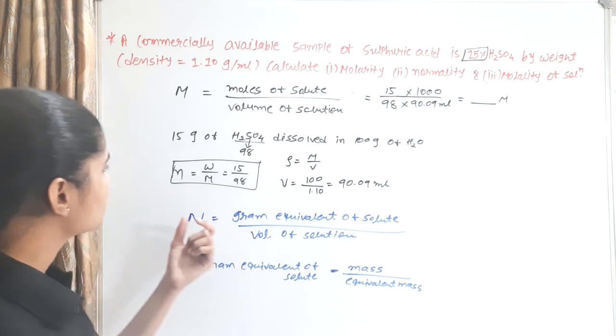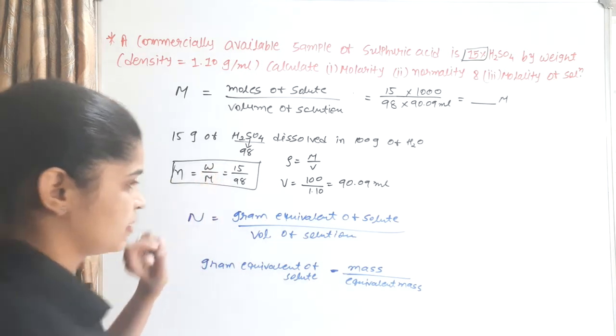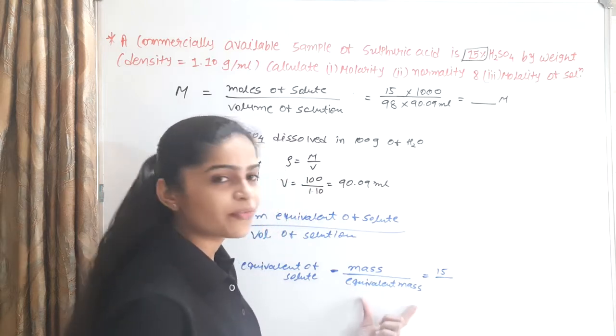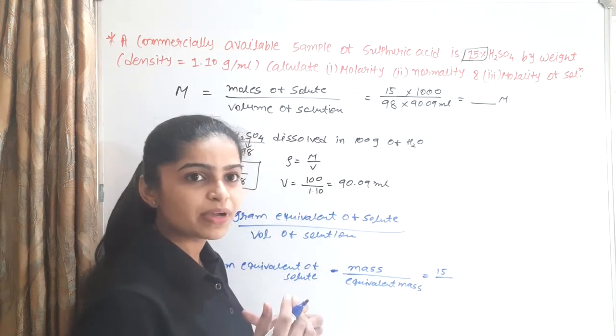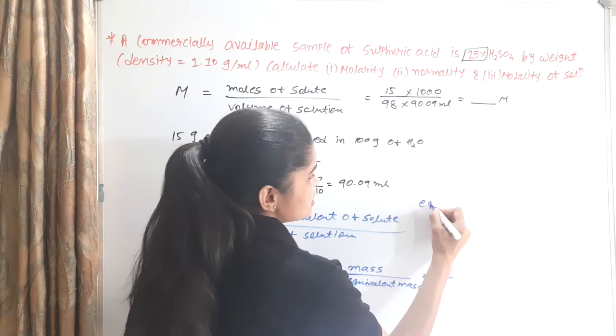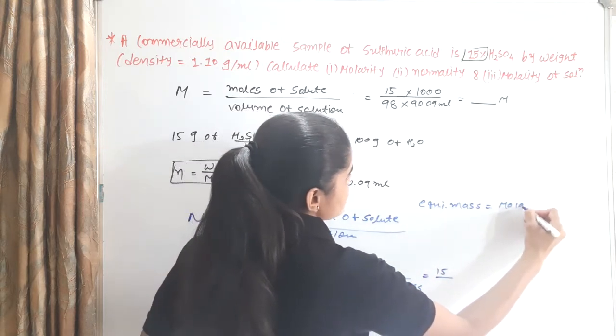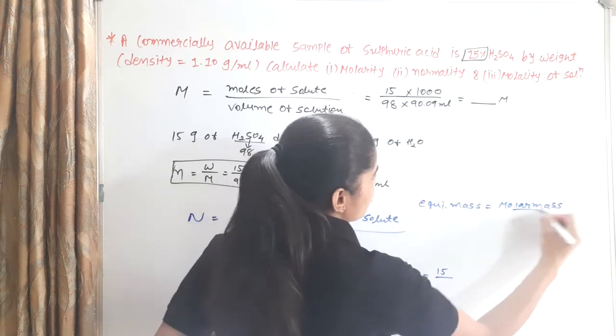Here the given mass is 15. Then find out the equivalent mass. How to find out equivalent mass? Equivalent mass is equal to molar mass upon N factor.